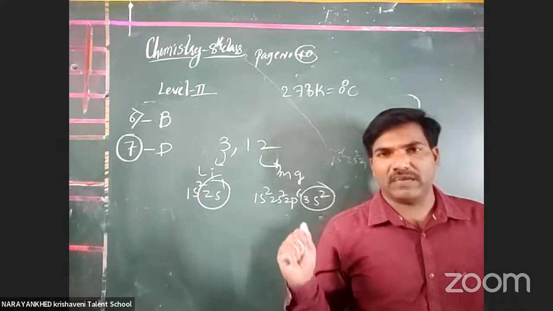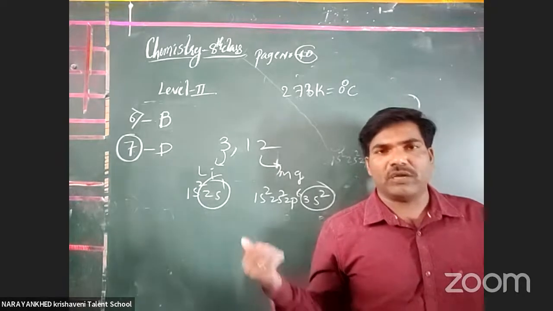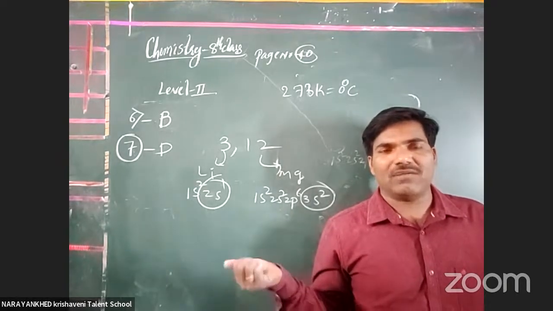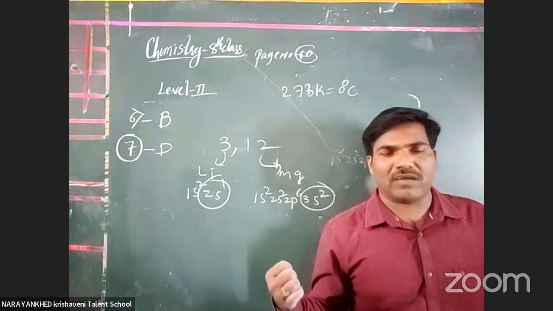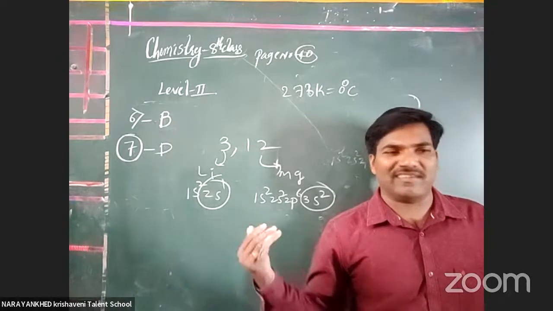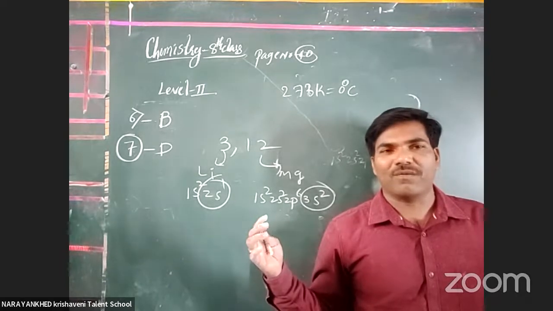Why? Because with the development of science, many physical quantities have come up. Suppose you take light. How do you measure light? You can't measure the quantity of light using the 3 fundamental quantities of mass, length, and time. We can't say this much kg of light is there. Is that correct? No.